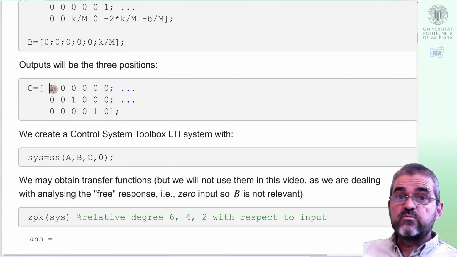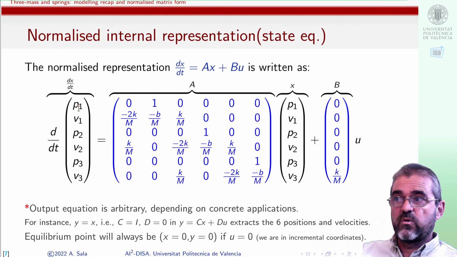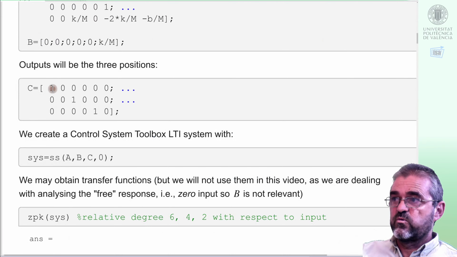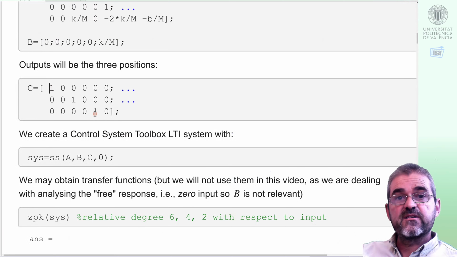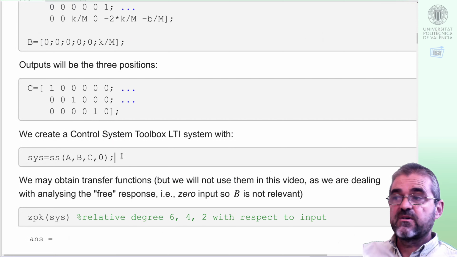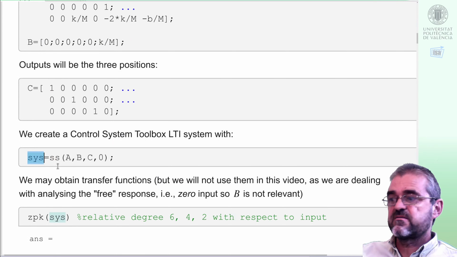And we will choose as outputs for our simulations the 3 positions which correspond to states with indexes in the vector 1, 3, and 5. So we'll put the first, third, and fifth states. In order to simulate this system, we will create a control system toolbox object named sys, or whatever name you wish to give it.